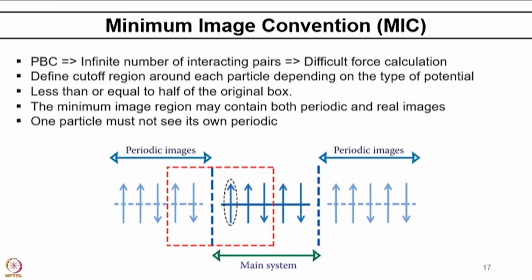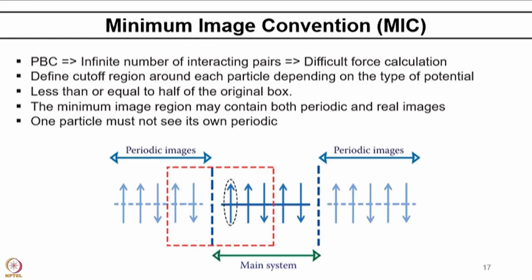Within my red box, I must cut out the interaction of my spin, that is the elliptical one, so it should not interact with itself. Okay.